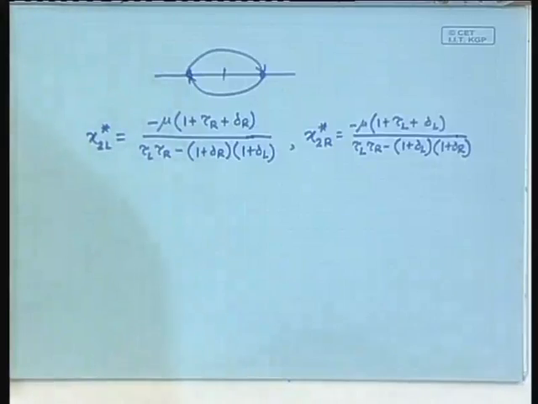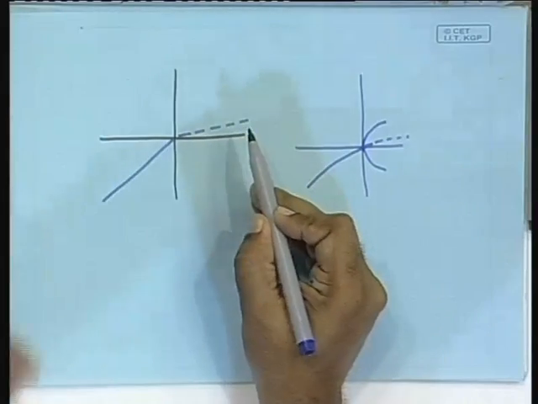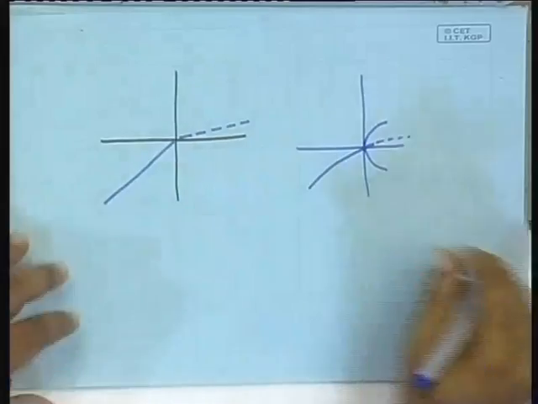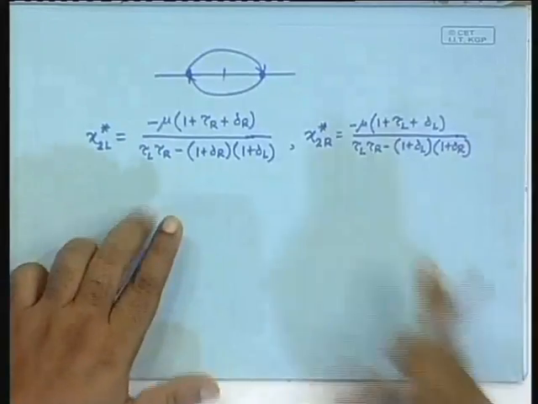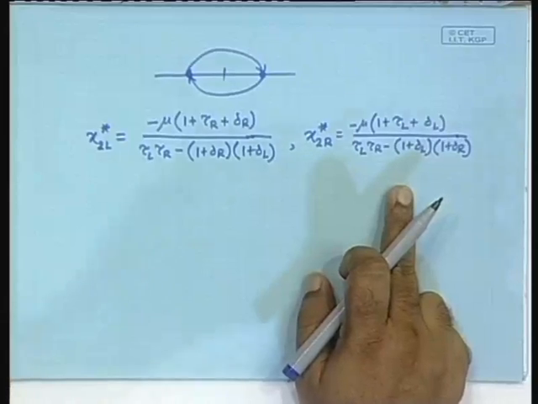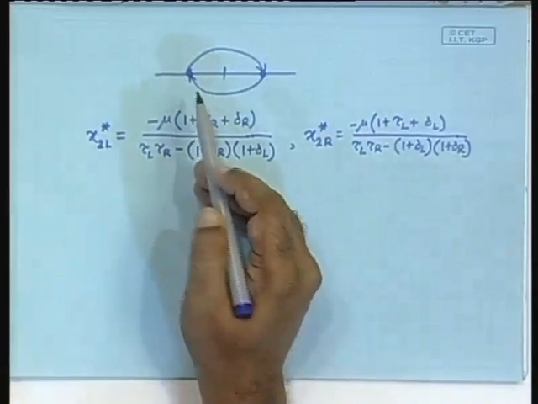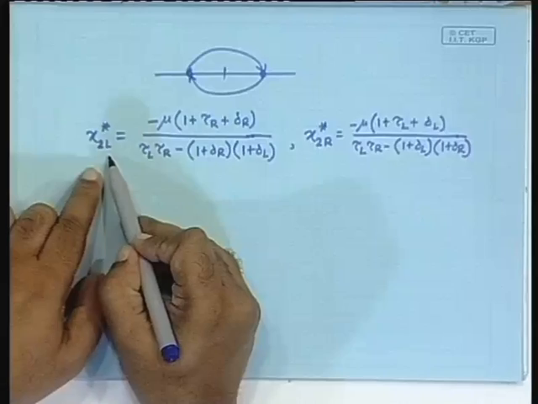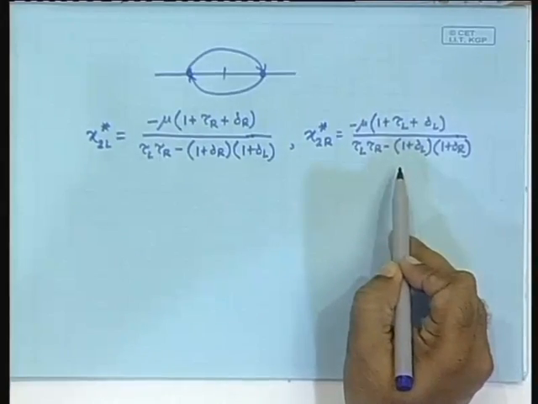Now, I said that the question that I am addressing now is, when this fellow has become unstable, will the period 2 orbit exist? What is your answer? By looking at this, notice, in order for the period 2 orbit to exist, this term should be negative and this term should be positive.